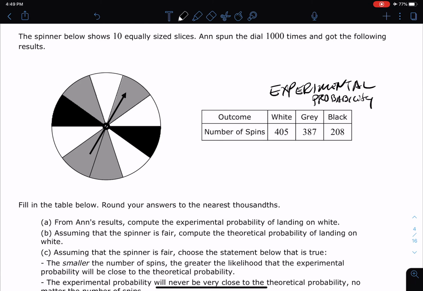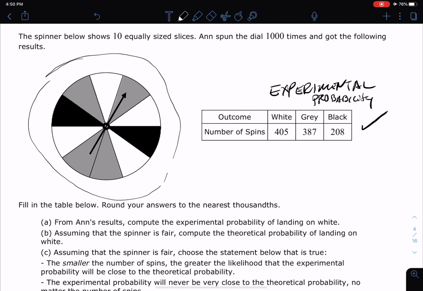This thing is wobbly. I'm trying to hold it down. Anyways, if you use these numbers, it's going to be experimental probability because these numbers came from an experiment. If you try to find the probability taking a look at this spinner, that's going to be theoretic probability.